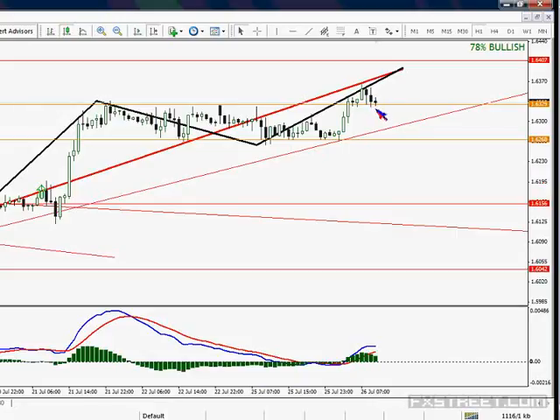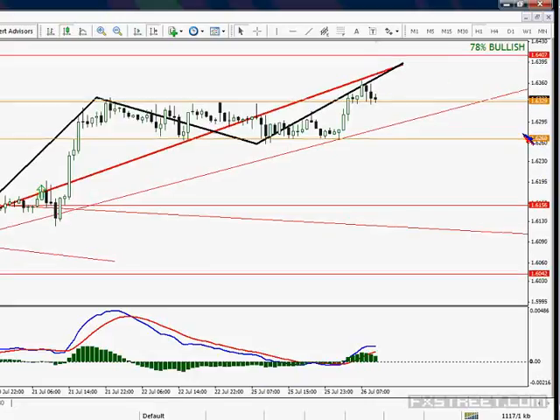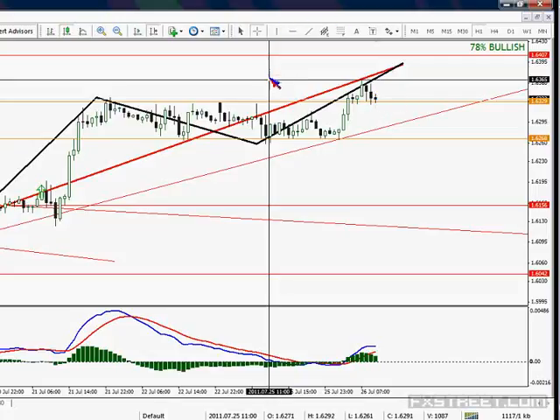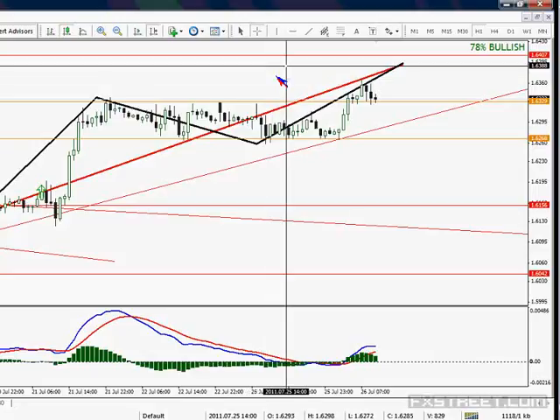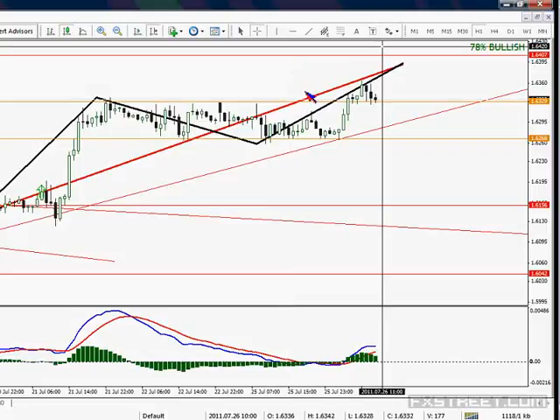But on the other hand, what I think can be done before the news is analyze the levels where price would go and how we would react to specific market reactions after the news. So if, for instance, we see a fresh high, 163.70 and above, actually anywhere towards 163.90, it can even touch 164.